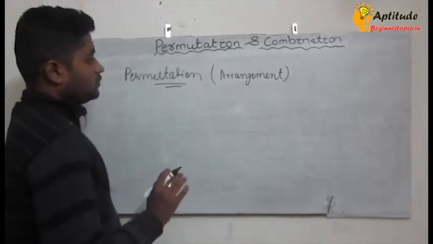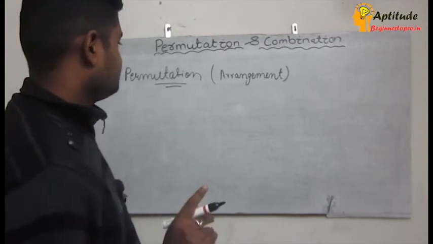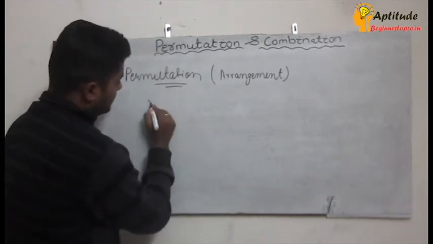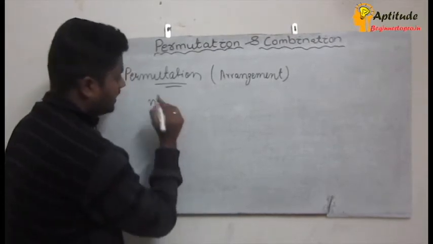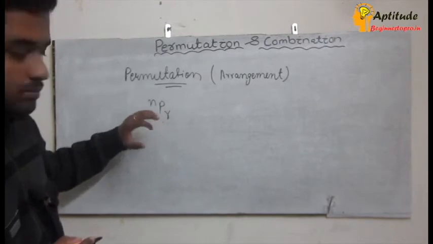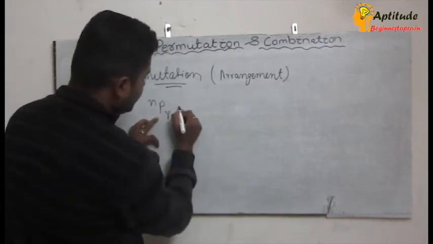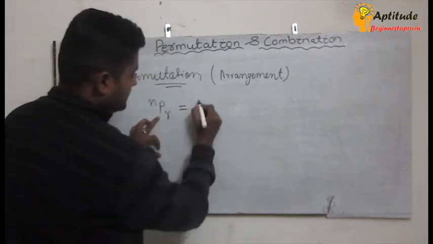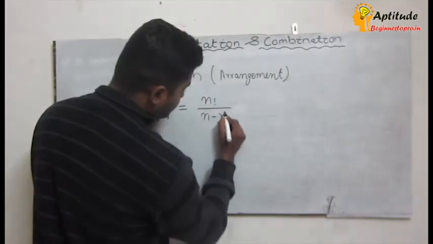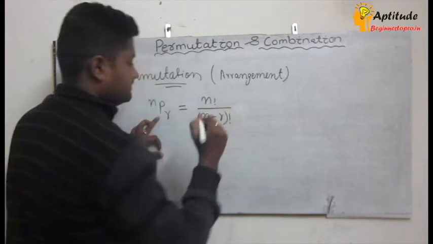Basically in permutation, there is one easy formula, nPr. This is how we denote permutation. We can write nPr as n factorial divided by (n minus r) whole factorial.